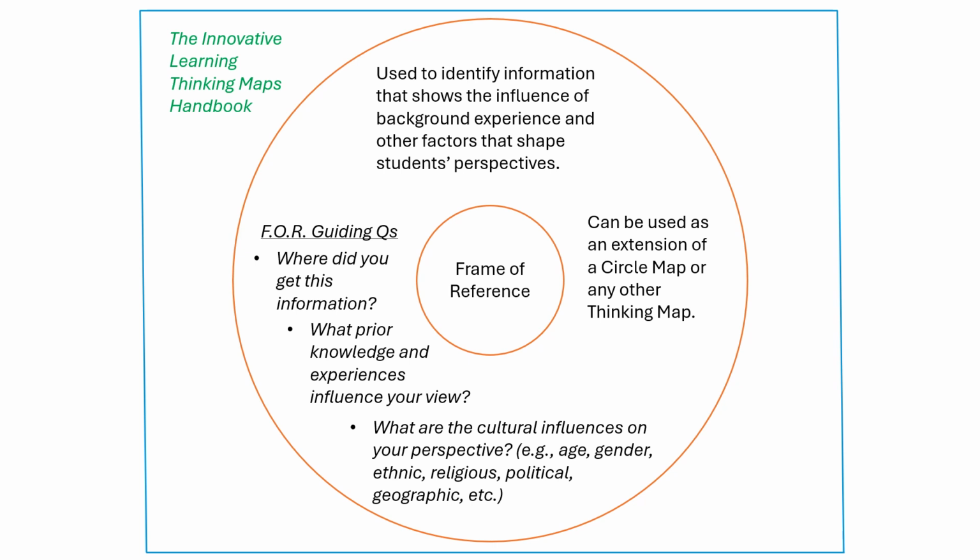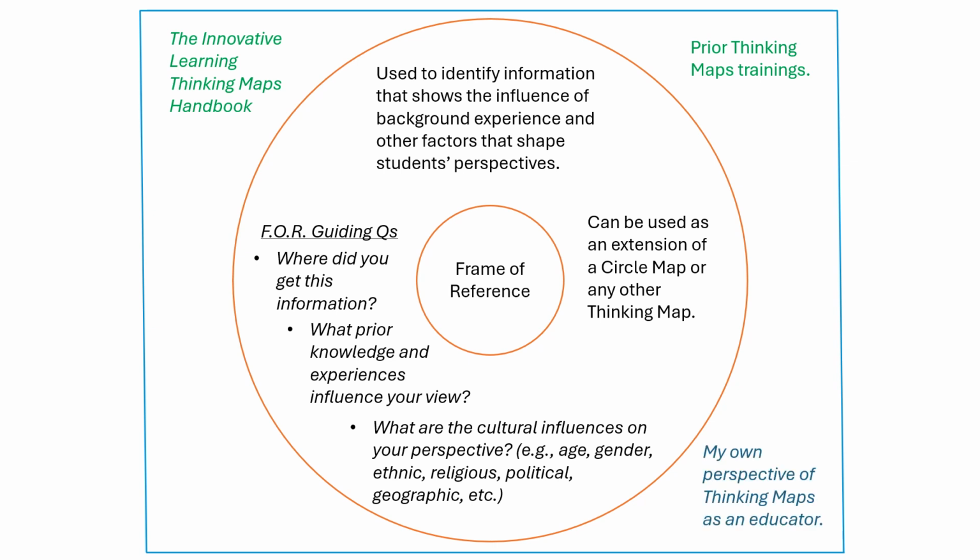A great thing with a frame of reference is to use color within the frame. So obviously the frame here is in blue. A black frame is fine as well, but when using pieces within the frame, it's useful to use color. So green here, the Innovative Learning Thinking Maps Handbook and prior Thinking Maps trainings, these are your sources. So we're going to say green is used for your sources.